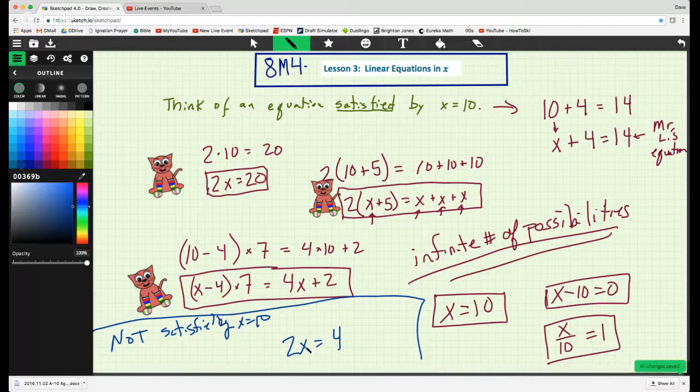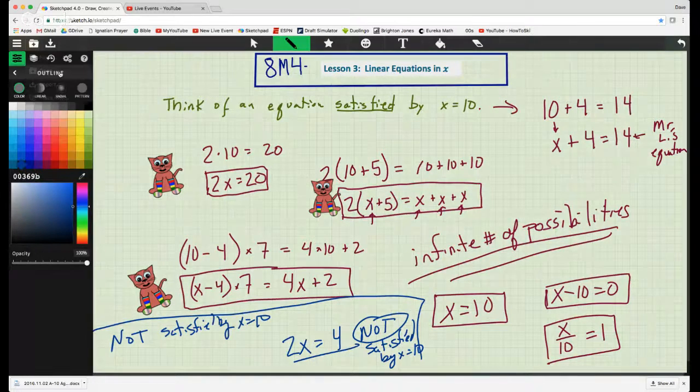Because 2 times 10 does not equal 4. So this was not satisfied by x equals 10. In fact, it's satisfied by x equals 2, for those of you who are really on the ball. Okay, let's move along.